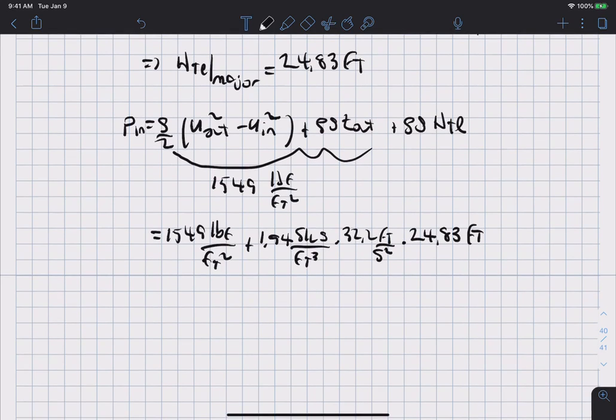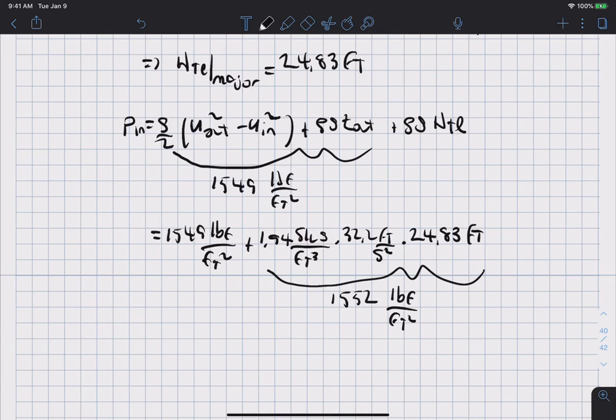Okay, and if you punch in the numbers and convert this into pounds force, you will find that this term here adds another 1552 pound force per foot squared.